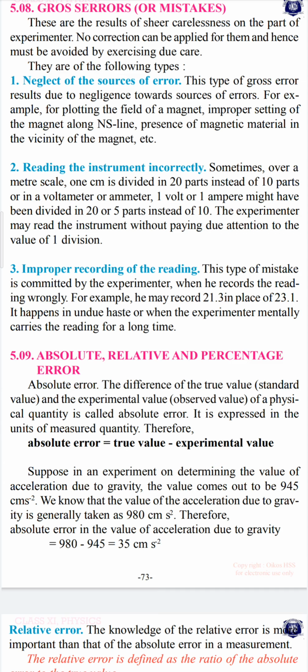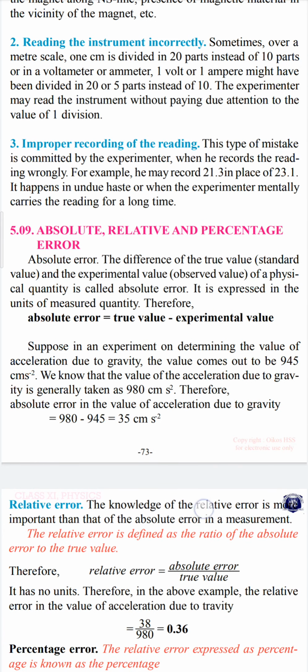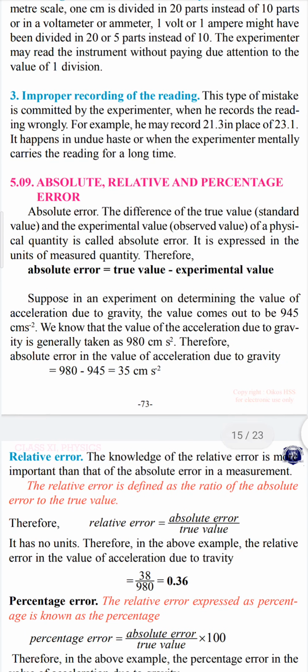Absolute error. The difference of the true value, standard value, and the experimental value, observed value, of a physical quantity is called absolute error. It is expressed in the units of measured quantity. Therefore, absolute error equals true value minus experimental value.